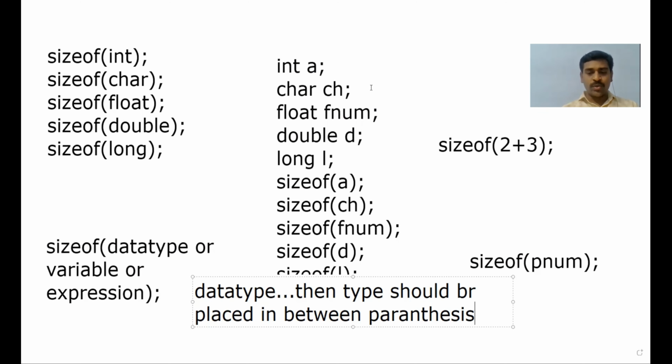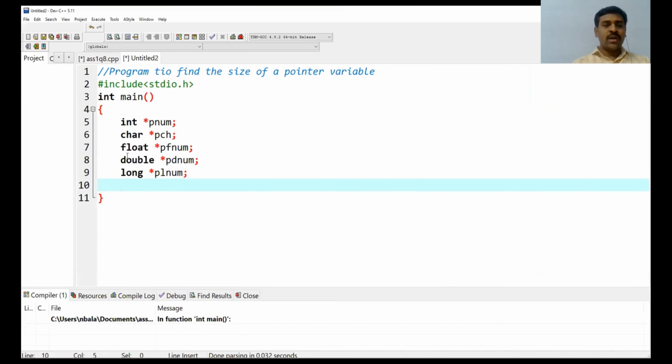Now we are going to our program. So this is our program. What do we have to do? We have to find out the size of the pointer variable pnum. How to write the program? printf, backslash n.